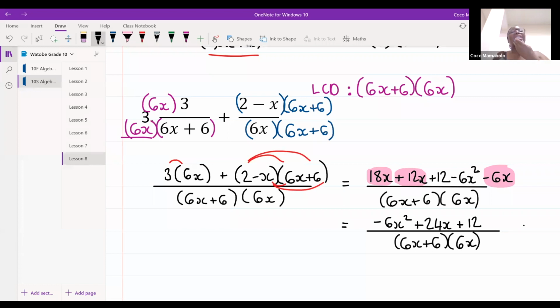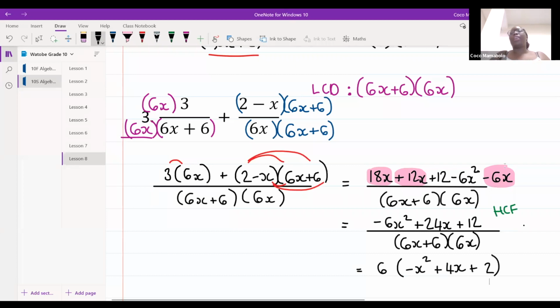Now, I can see, guys, that on the top, I've got a highest common factor. I've got an HCF over here of 6. So I'm going to take 6 out at the top, and I'm going to have negative x squared plus 4x plus 2.